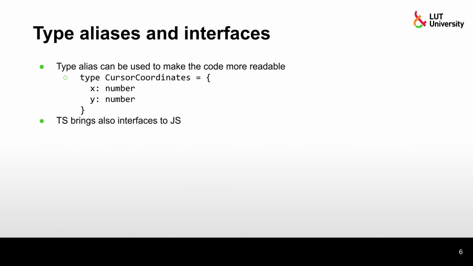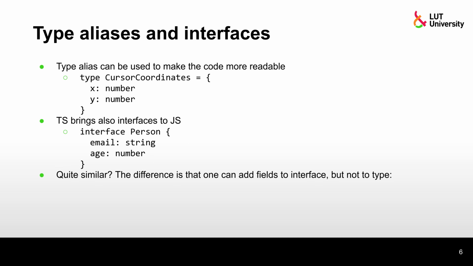And then TypeScript will bring us also interfaces, which are very familiar from Java, for example, and did not exist in JavaScript. So we can define, let's say, interface Person, and this person has attributes email, which is a string, and age, which is a number. And yes, these look very similar. So why do we have a type and interface, they are looking like the same.